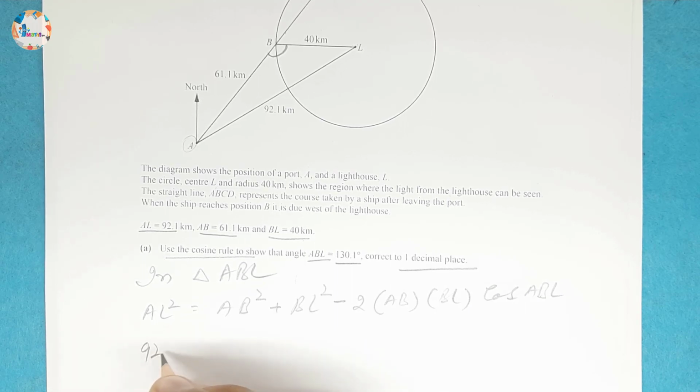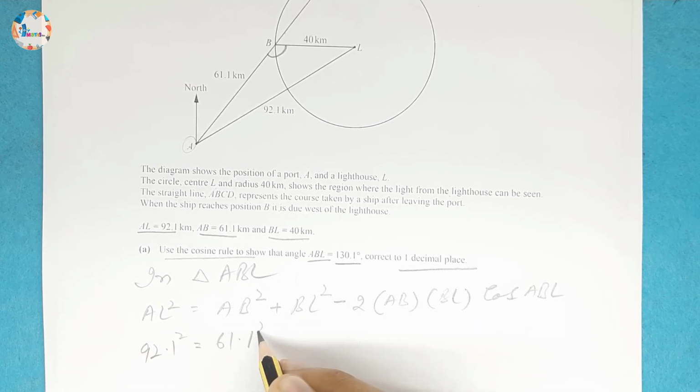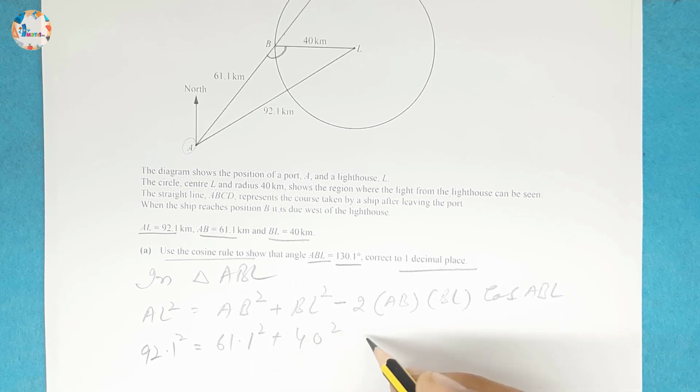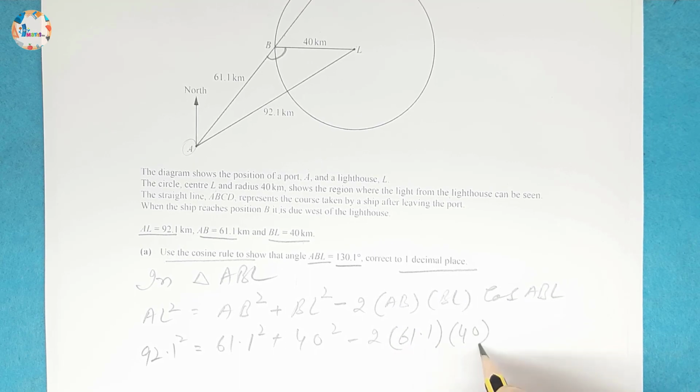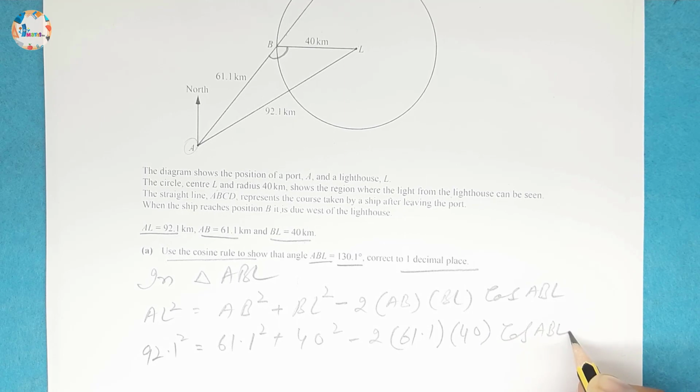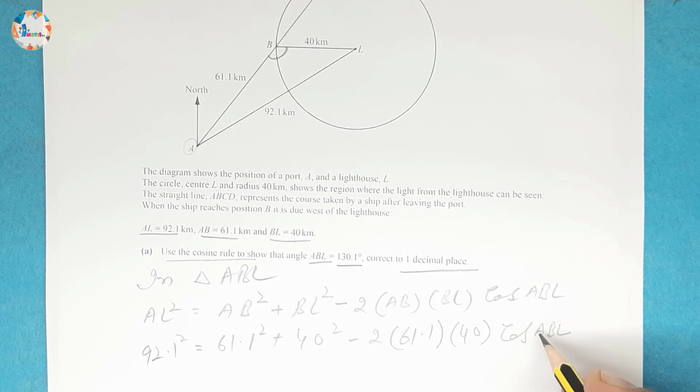AL is 92.1, which is given, so 92.1 squared is equal to 61.1 squared plus 40 squared minus 2 into AB, which is 61.1, and BL, which is 40, and cos of ABL, which we have to find. Now the rest is all simplification.